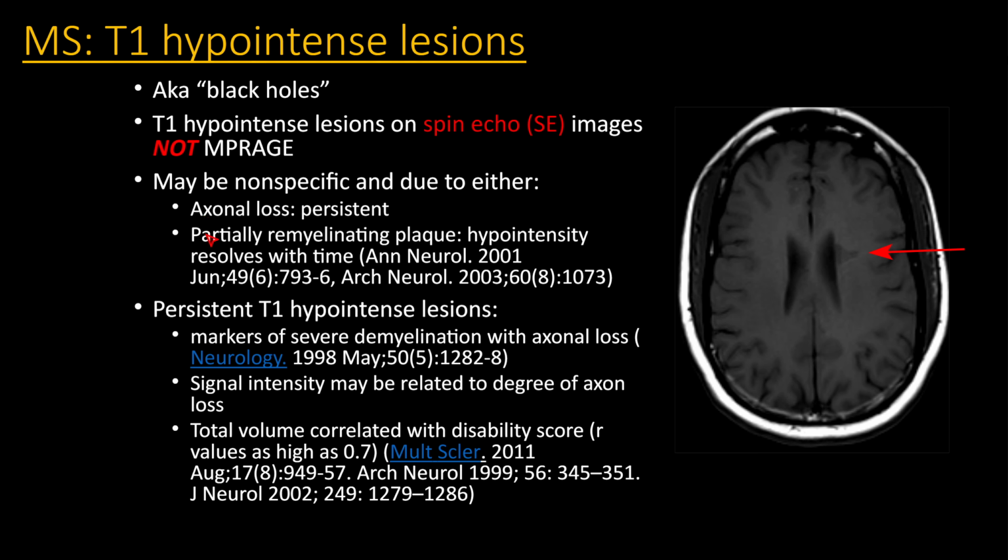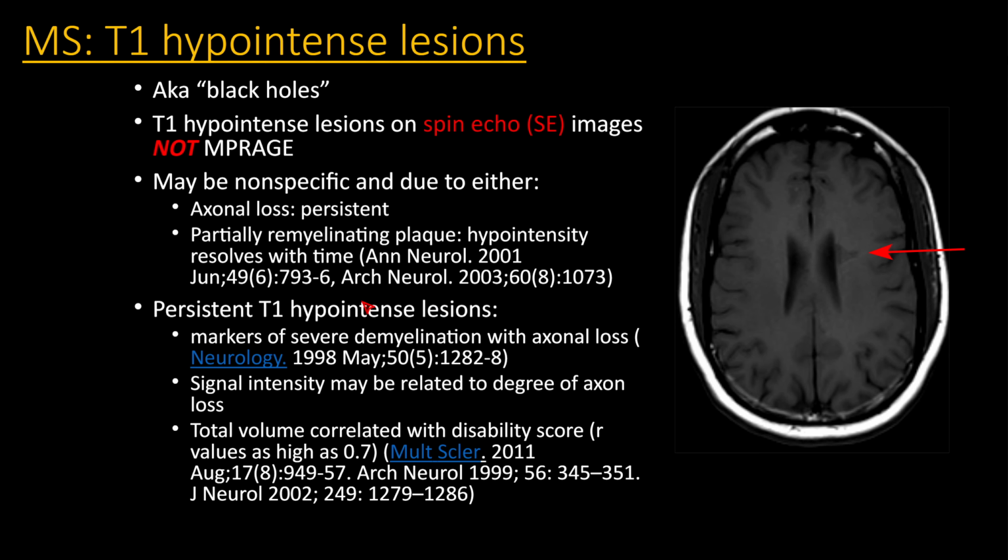But it can also be seen in the setting of a partially remyelinating plaque, in which case the hypointensity would resolve with time. There are a couple of studies that looked at and published on that. Some of them even had histologic correlates where they could actually see remyelination in these intrinsically T1 hypointense lesions.